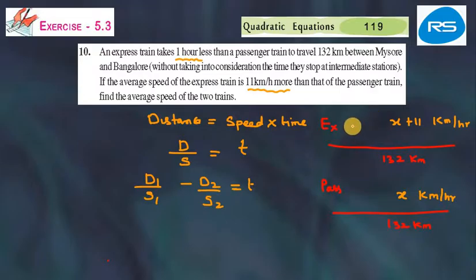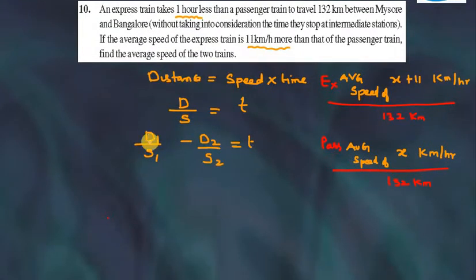So this is the average speed of the express train, and this is the average speed of the passenger train. Now, distance by velocity.